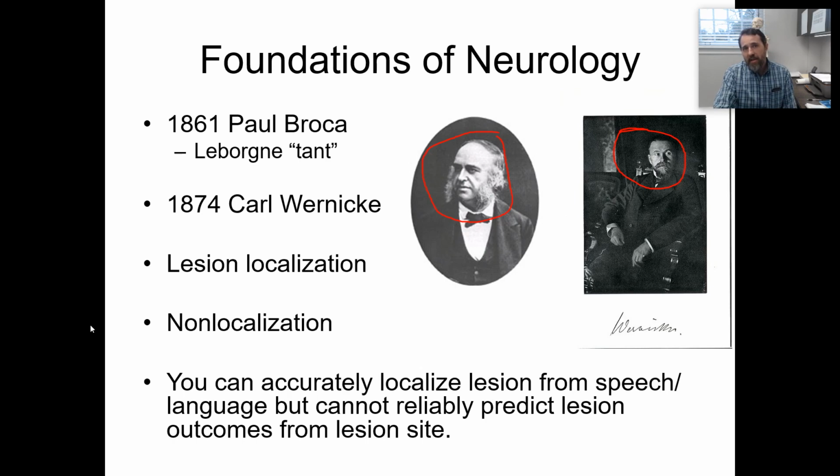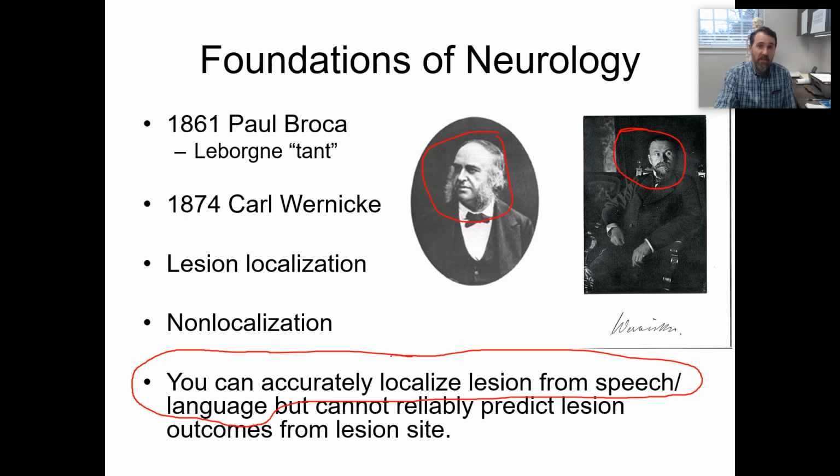But one thing to recognize about lesion localization, and I have it right here at the bottom, is that you can look at the speech or language of someone and you can predict where their lesion is in their brain. But you can't look at someone with a lesion and reliably predict what the outcomes are going to be.